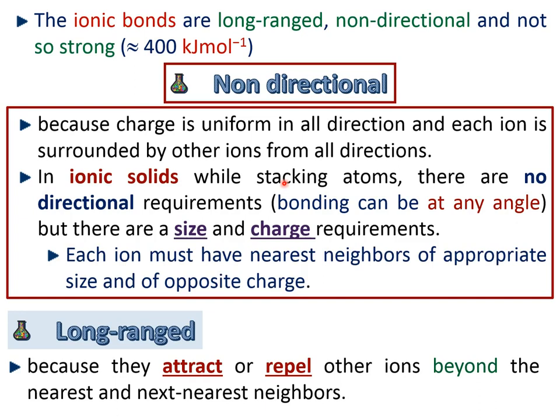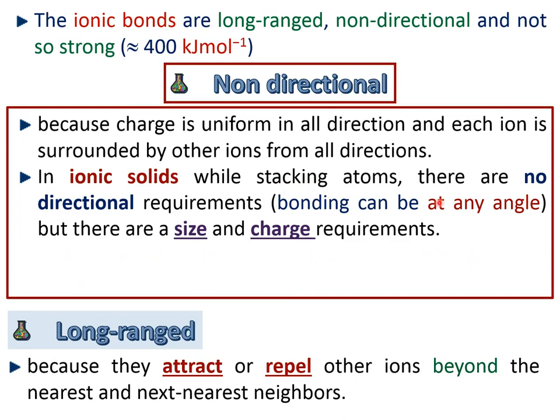In the ionic solids, while stacking atoms, there are no directional requirements. Bonding can be at any angle, but there are size and charge requirements. When you're stacking atoms together, every lattice point will have a specific size, so an atom with the appropriate size should locate in the nearest neighbor position.